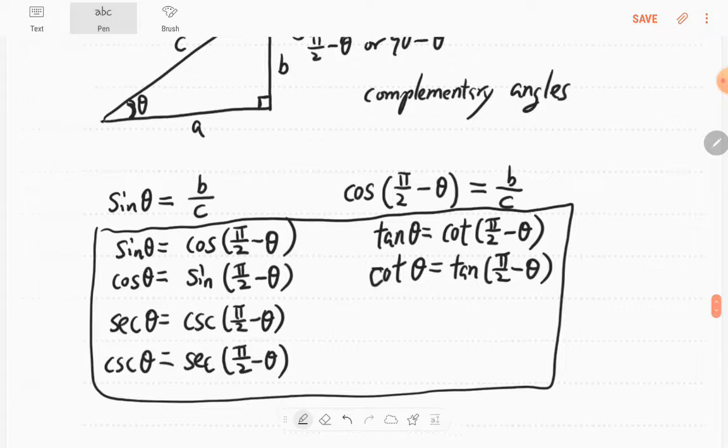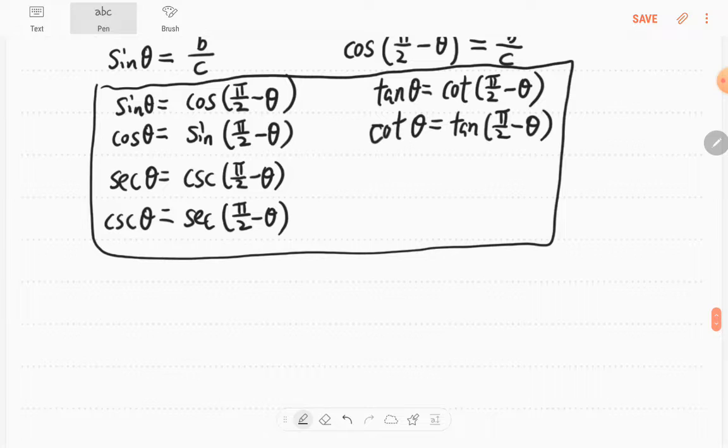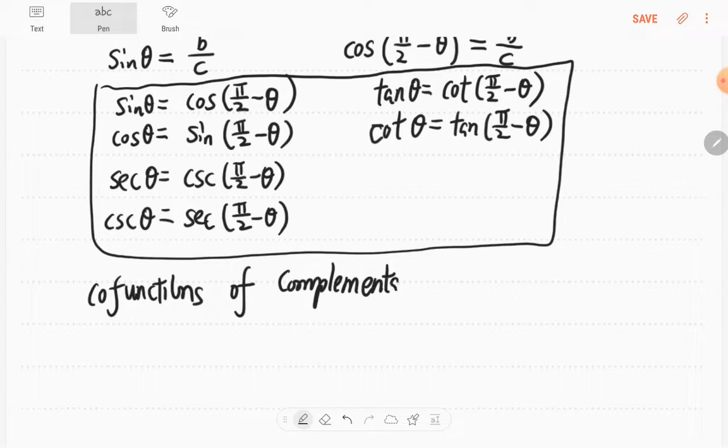So this gives you this result that the cofunctions of complementary angles are equal.